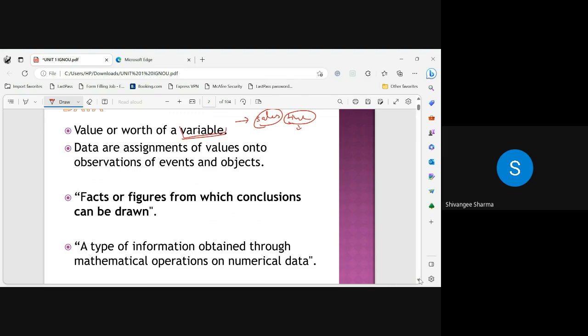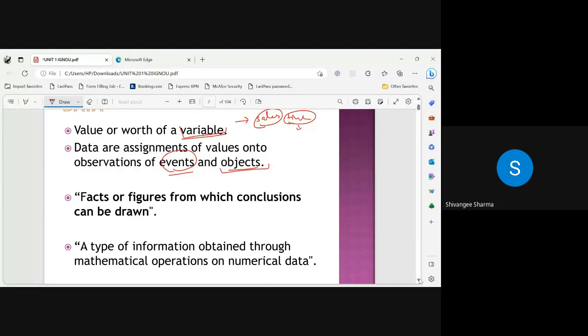And data are assignments of values onto observations of events and objects, right? Like rainfall analysis. If you are studying rainfall, then you are analyzing an event, right? And if you are assessing the cost of the objects being manufactured in any organization, then you are assigning values to those objects.